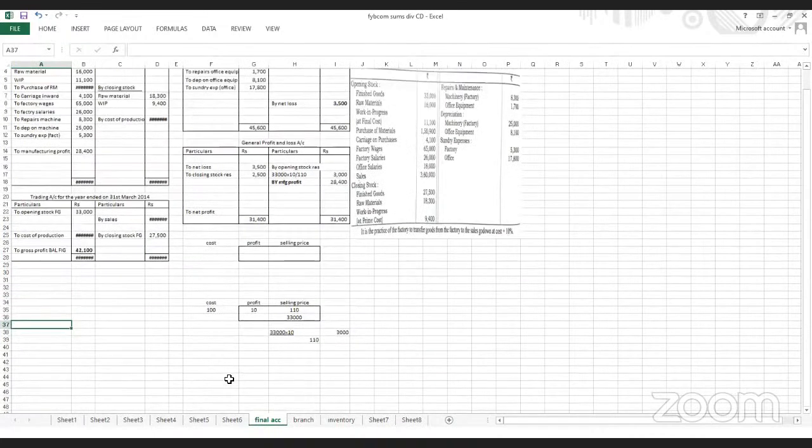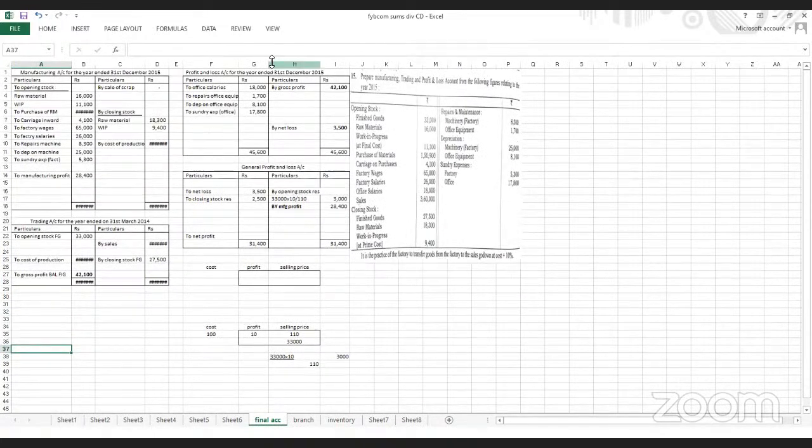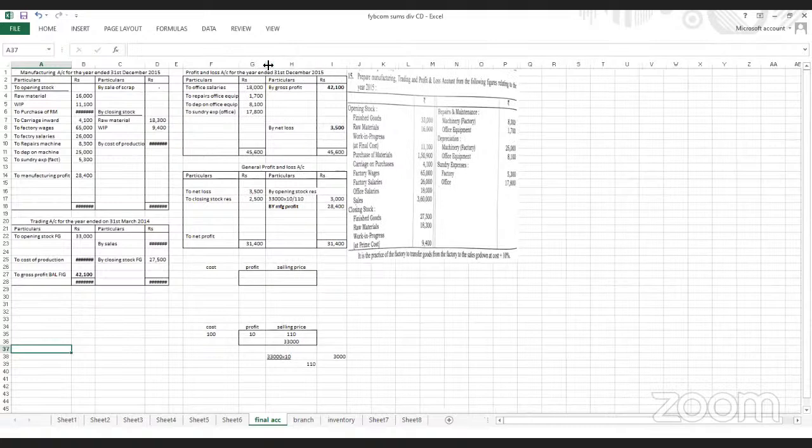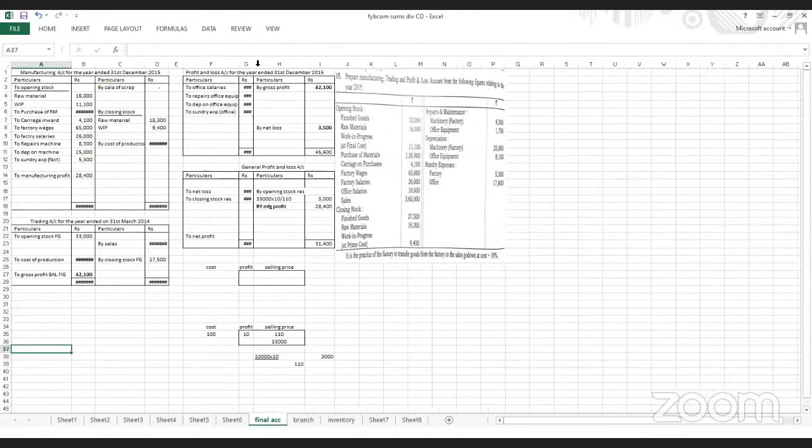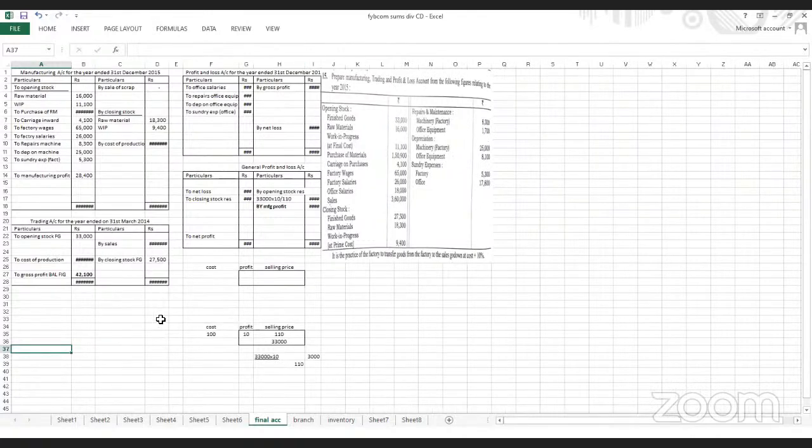Okay, students. Now, before I start with final account sum, you have to study final accounts of a sole trader who is also a manufacturer.